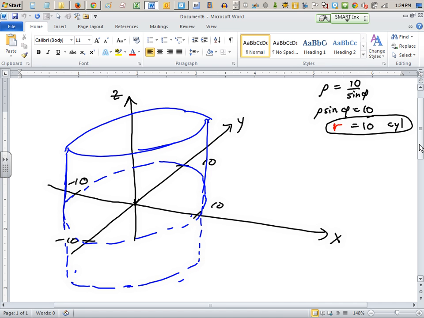Something like that. I don't know how important the picture is. It just depends on how comfortable you are with this. But I gave you a specific point on the cylinder, namely the point 6, 8, negative 3. Now, can somebody tell me why we know for certain that this point is right on the surface of the cylinder? How do we know it's on this surface, this lateral surface?